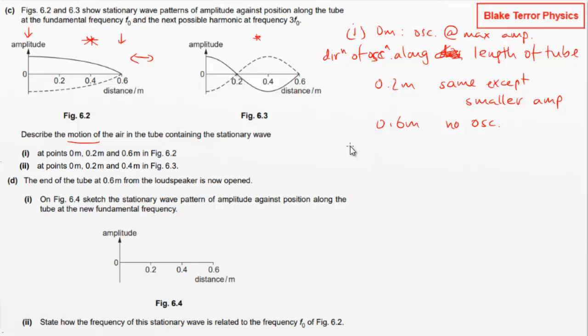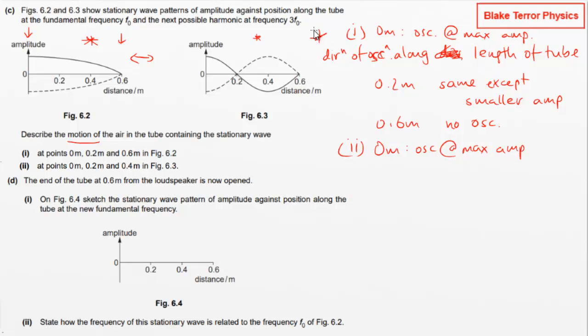Right, now for 6.3, at 0 meters, we're getting much the same as we had here. We're going to get the oscillation at maximum amplitude along the direction of the tube.